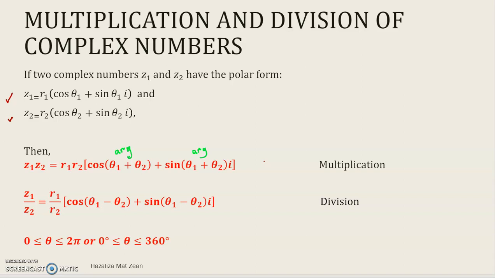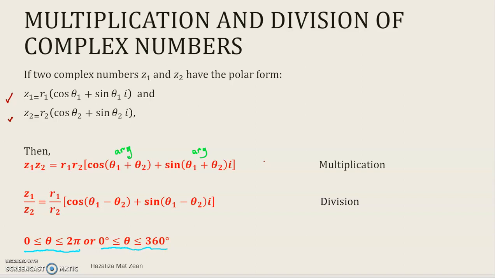So when you divide two complex numbers, if you divide Z1 over Z2, then you're going to have R1 over R2, and then for the argument, you're going to subtract. So theta 1 minus theta 2. What you have to pay attention to is that theta must always be in this range only.